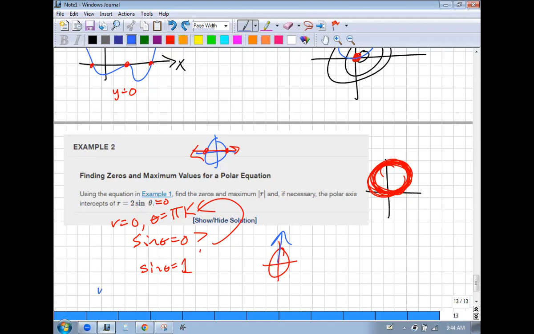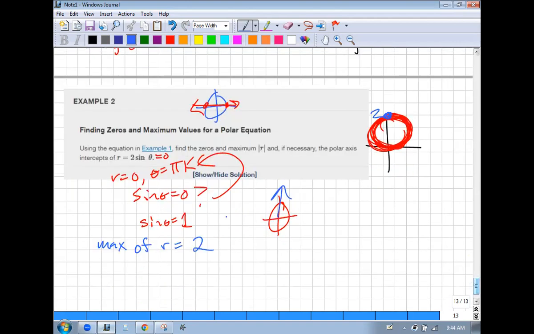So the maximum value of r is 2, because that's when sine is 1. That tells you that this point right here is at r equals 2. And the minimum occurs when sine is -1, right? Then we would get a -2.